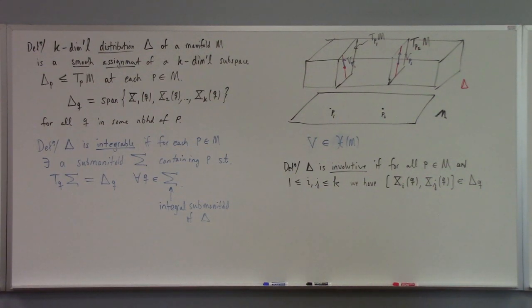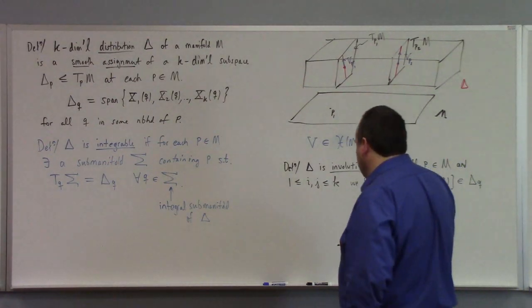This is what it means to be involutive. It's closed under its Lie bracket. The Lie bracket of the vector fields closes back on itself.